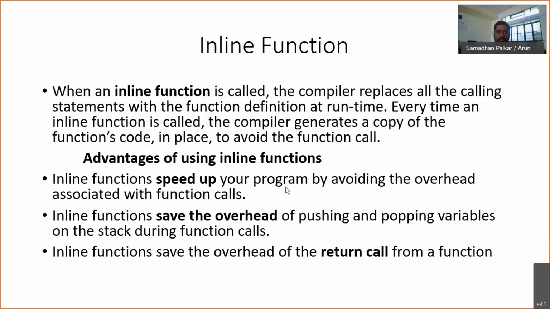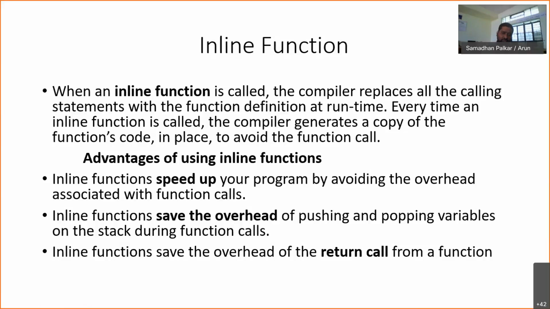When a normal function is called, the calling statement is handled at runtime, whereas with an inline function, the compiler generates the function code in place to avoid a function call.